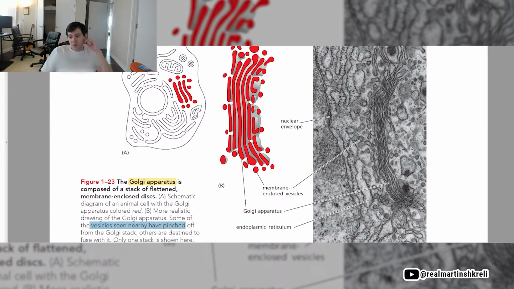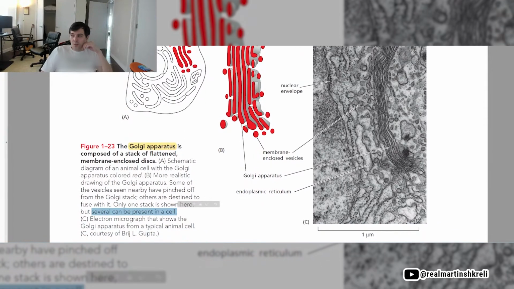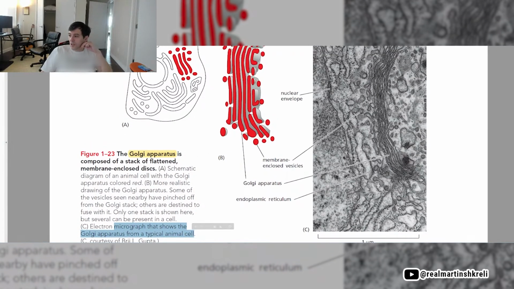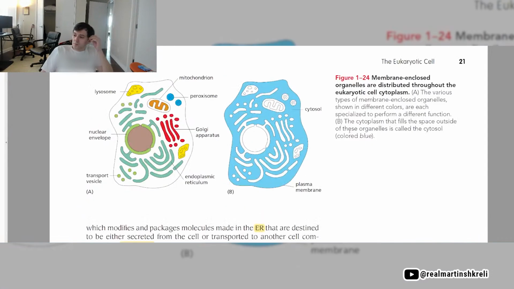Some of the vesicles seen nearby have pinched off to form the Golgi stack. Others are destined to fuse with it. Only one stack is shown here, but several can be present in a cell. This is an electron micrograph that shows the Golgi apparatus from a typical animal cell. And you can see it's kind of connected to the endoplasmic reticulum. And there's the nuclear envelope.